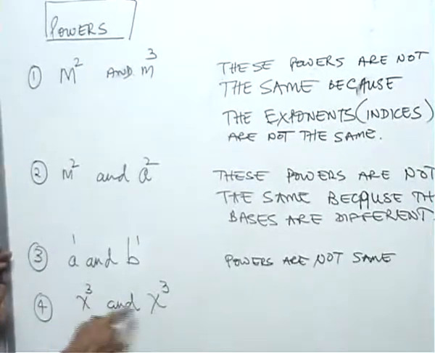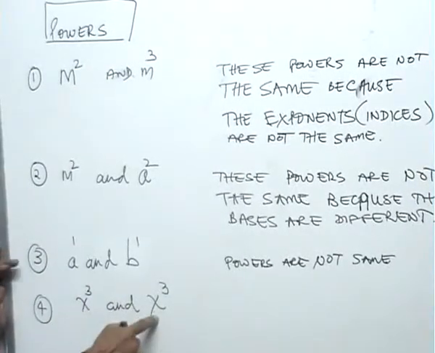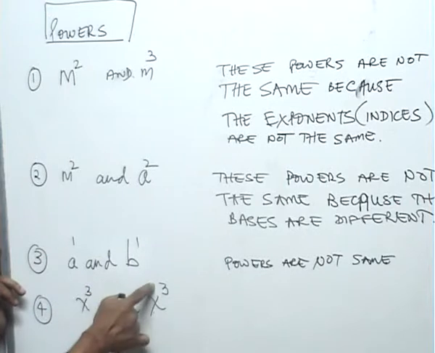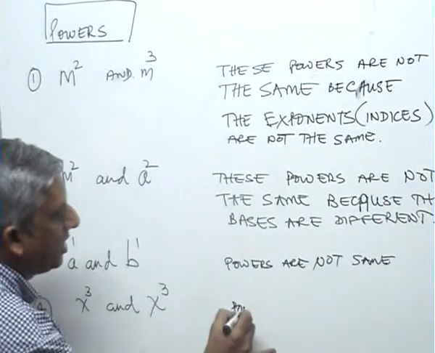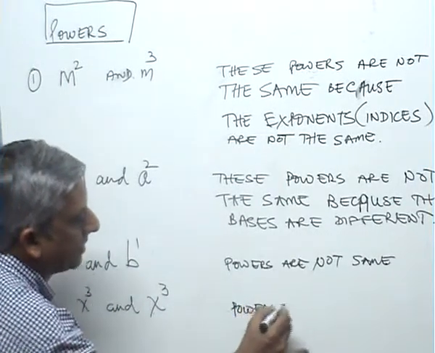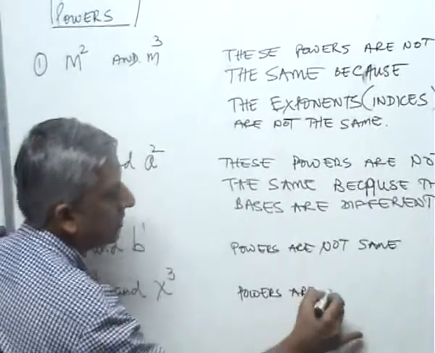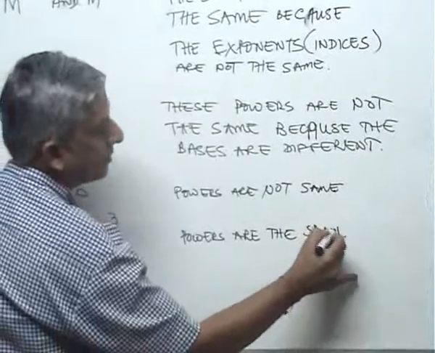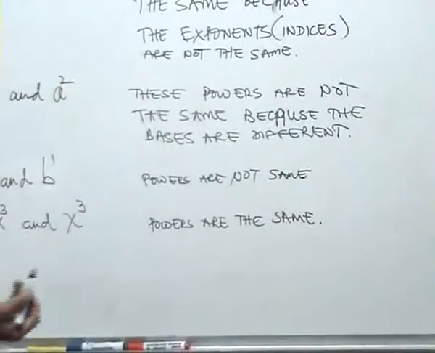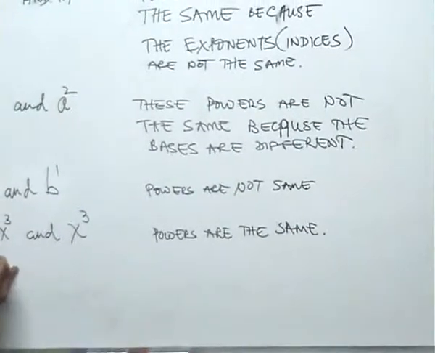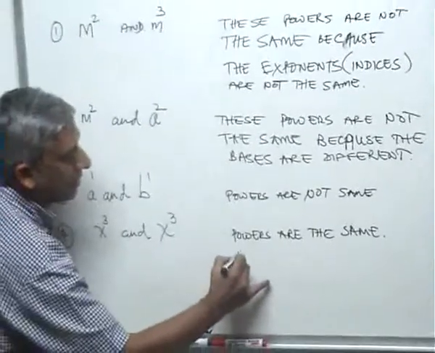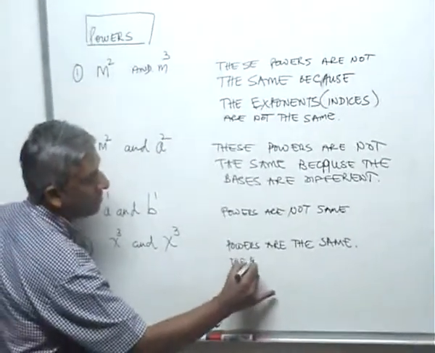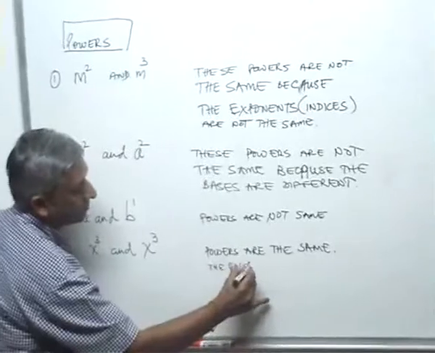So let's take another example. x cubed and x cubed. Well, these bases are the same, these powers are the same, therefore these powers are the same. So, for a power to be the same, the bases must be the same.